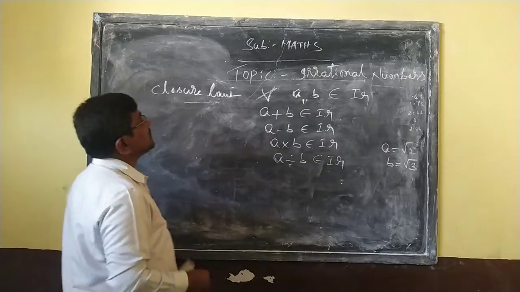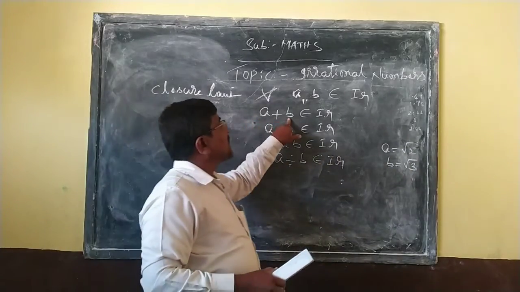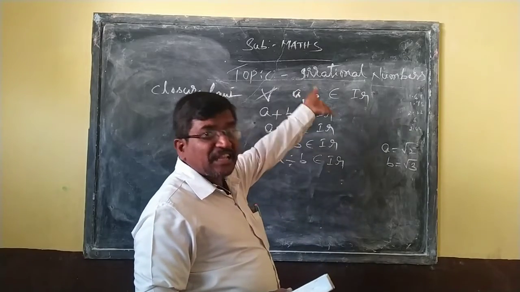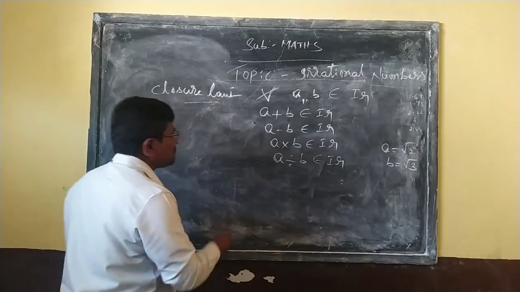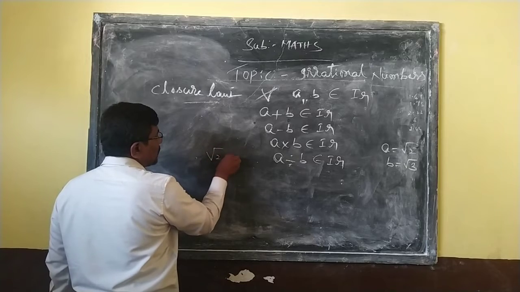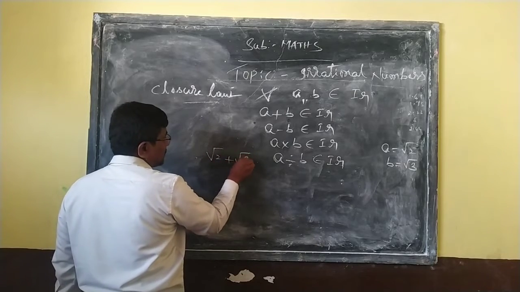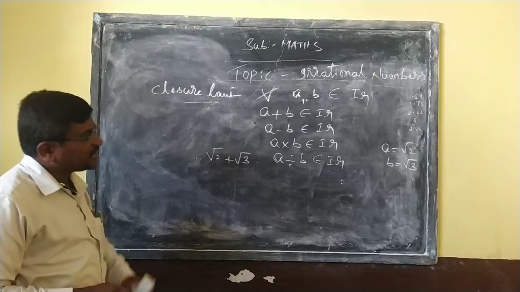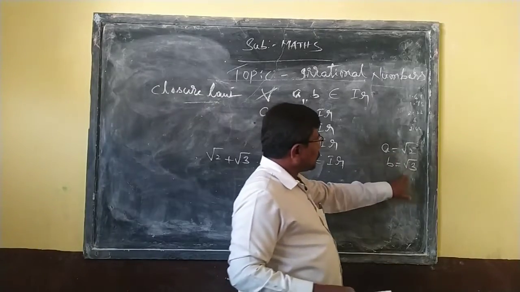See, the sum of any two irrational numbers is again irrational only. See here, root 2 plus root 3.